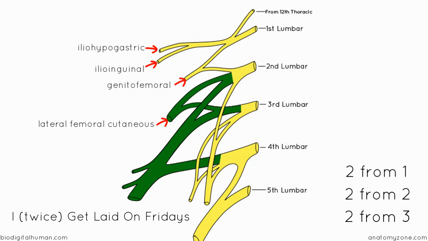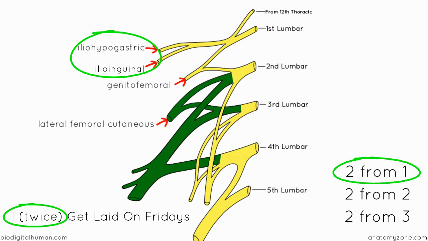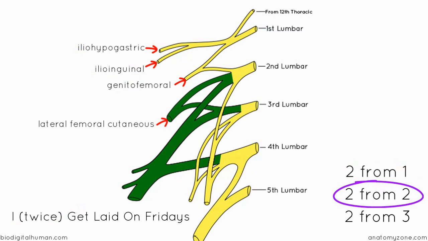So we know our first 2 nerves are the iliohypogastric and the ilioinguinal nerves, and we know that 2 nerves come from 1 root, so these are the first 2 nerves, so they come from the first root of the lumbar plexus, so L1. We know that there are 2 nerves which come from 2 roots, so we look to the mnemonic and we look at our next 2 nerves.